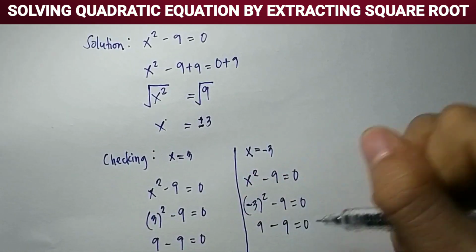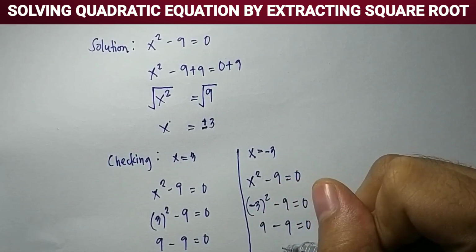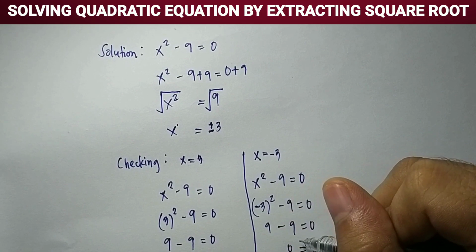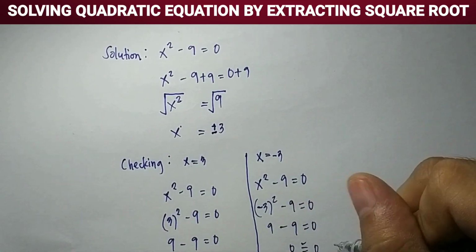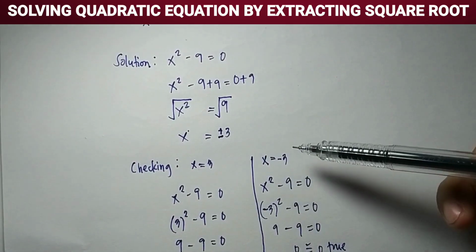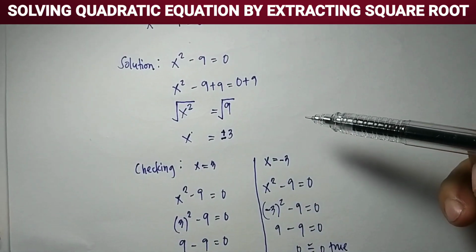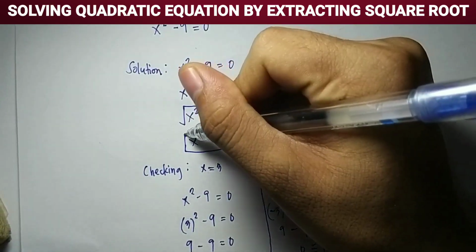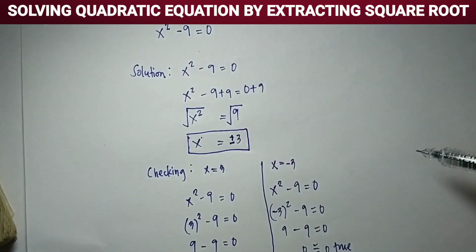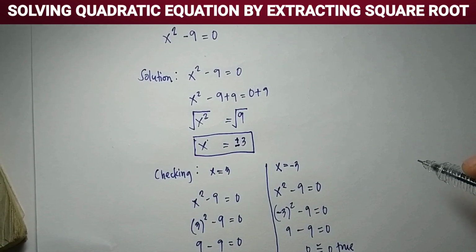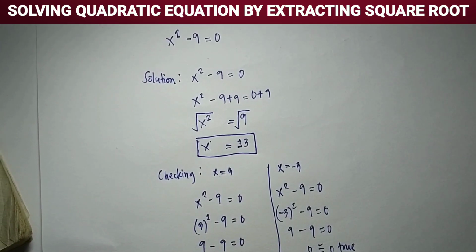Minus 9 is equal to 0. So 9 minus 9, 0 equals 0. So insakto gihapon, true. So ang atong solution sa x squared minus 9 equals 0 is positive 3 and negative 3. Duha atong answer, positive 3 and negative 3.